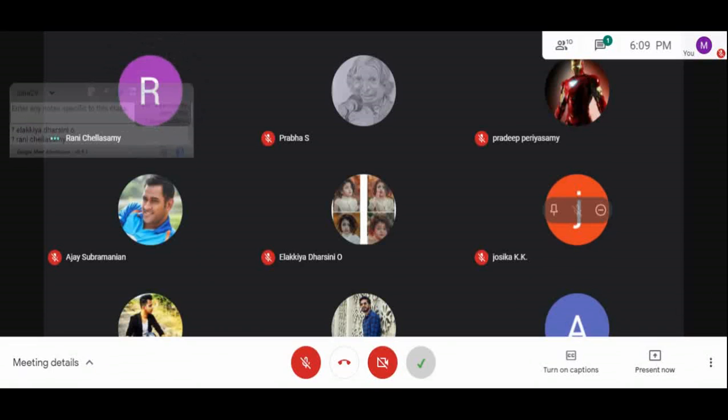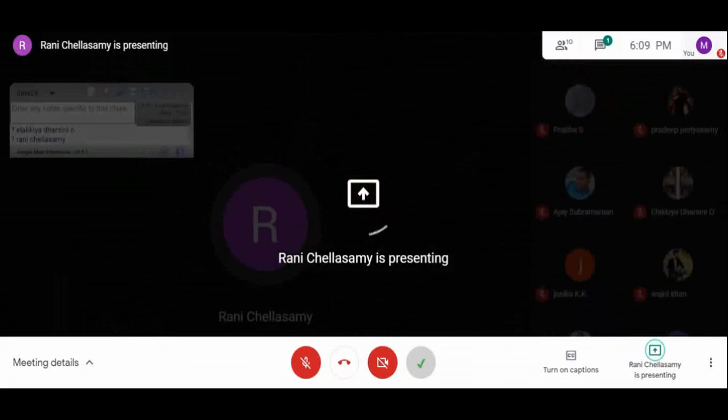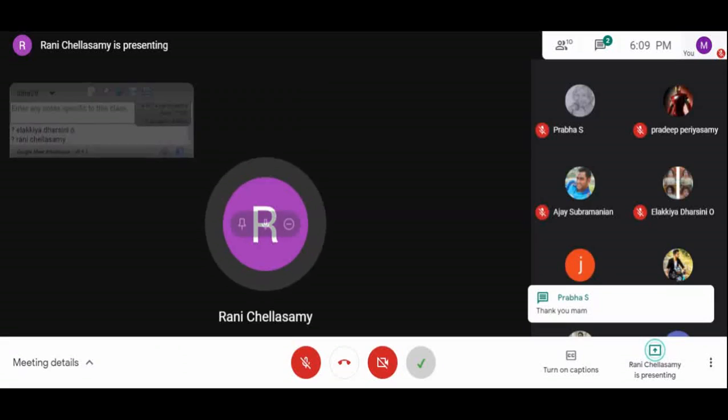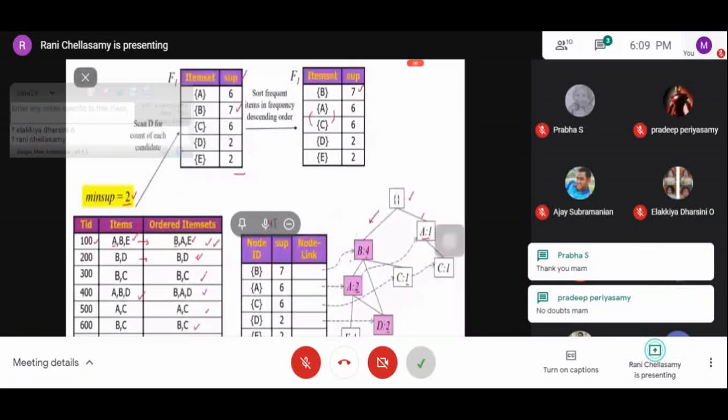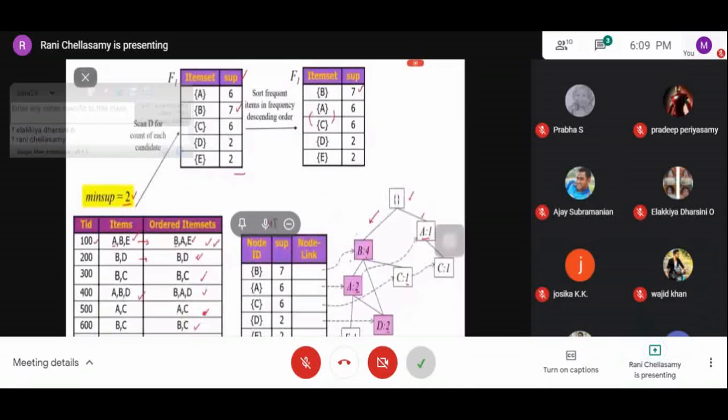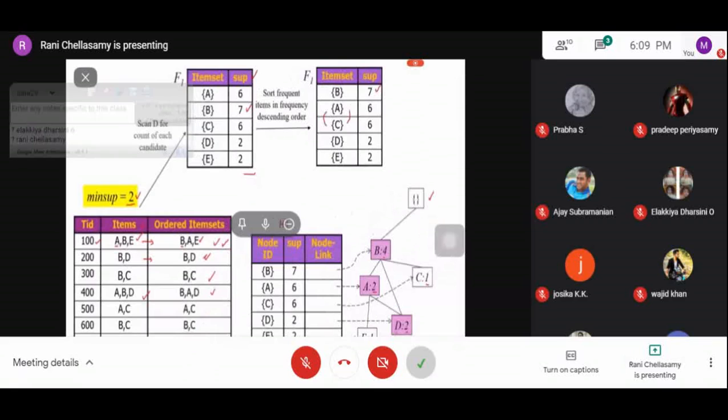Okay, fine. So up to the fourth transaction we have covered. Coming to the fifth transaction, you need to draw A comma C. I have moved so many slides. See here, up to the fourth transaction has been drawn here.